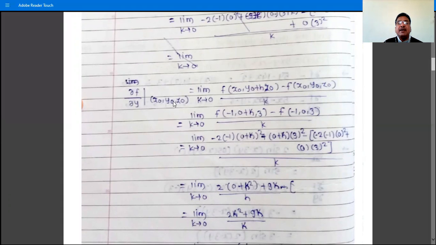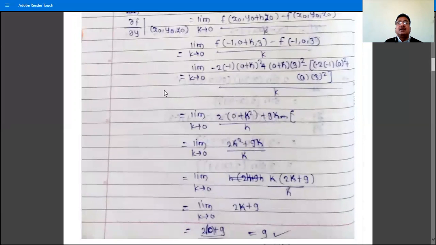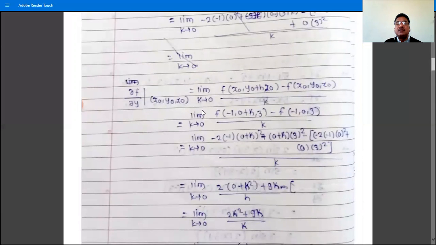What is ∂f/∂x? It is limit h tends to 0, f(x₀ + h, y₀, z₀) minus f(x₀, y₀, z₀) by h. And what is ∂f/∂z at (x₀, y₀, z₀)? It is limit L tends to 0, f(x₀, y₀, z₀ + L) minus f(x₀, y₀, z₀) by L. Okay, so use notation h, k, and L. So this is the partial derivative with respect to y at (x₀, y₀, z₀).